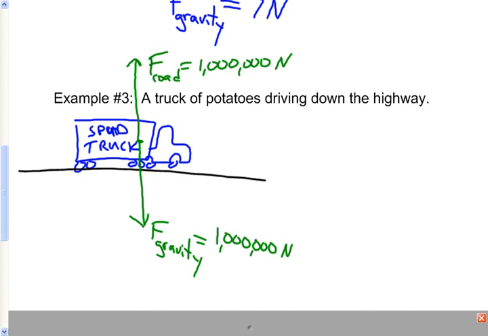And if we stopped right there, that looks a little bit like the potato problem when it was sitting on the counter. But if you're driving the truck, you probably have your foot on the gas pedal, keeping the truck at a constant velocity. And we know that somehow, without getting into too much of the details, the engine is making the truck move forward and is providing a force on the truck.